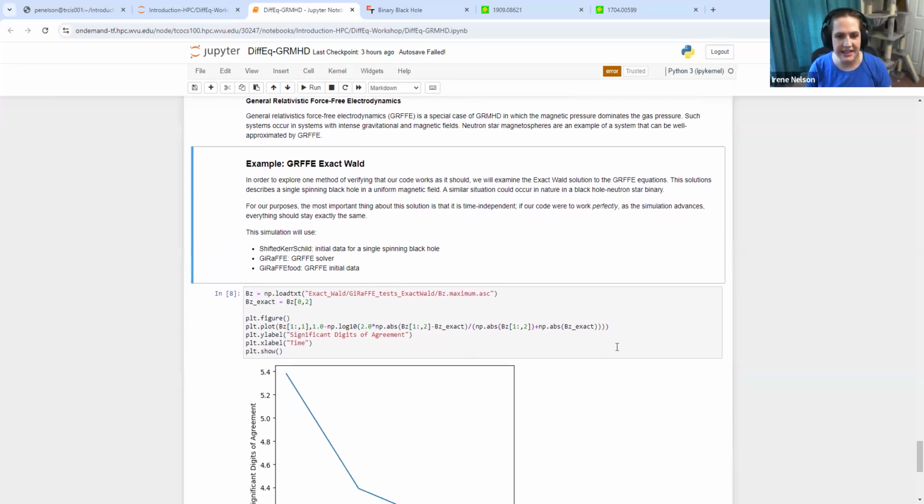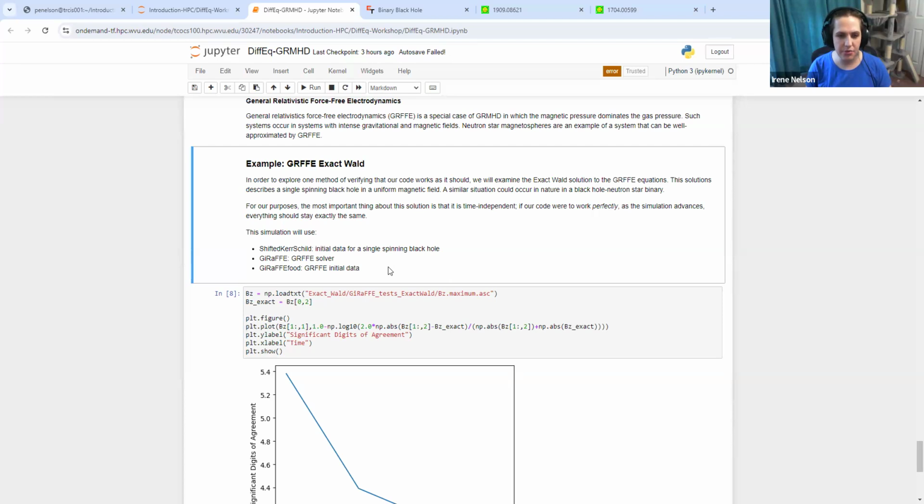So when we run that simulation, the parameter file is currently set up to spit out the average and maximum magnetic fields in the x and z direction. Not y, just because for this specific exact solution the y component of the magnetic field is precisely 0. So that's not going to tell us much.